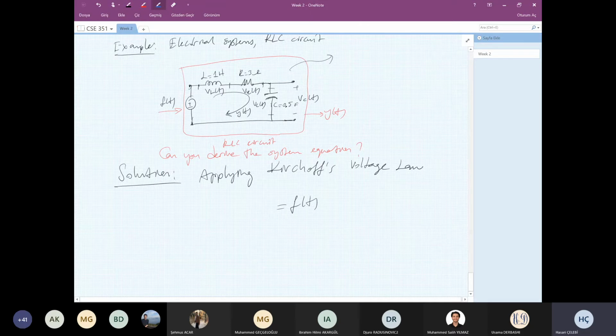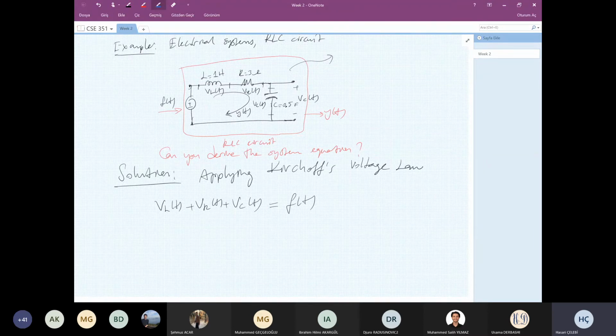Very simple, right? Voltage of inductor plus voltage of resistor plus voltage of capacitor must be equal to the total input voltage, which is f of t, according to Kirchhoff's voltage law.